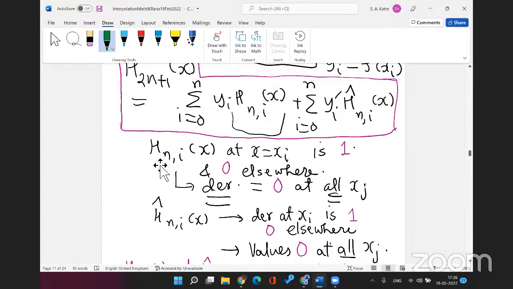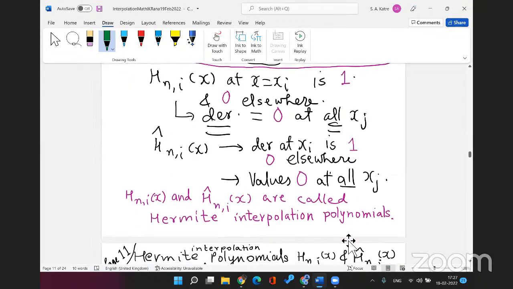For H_{n,i}, the value at xi is 1 and at other points the value is 0. For H hat, the derivative at xi is 1 and the derivative is 0 elsewhere. So this is kind of imitating Lagrange.